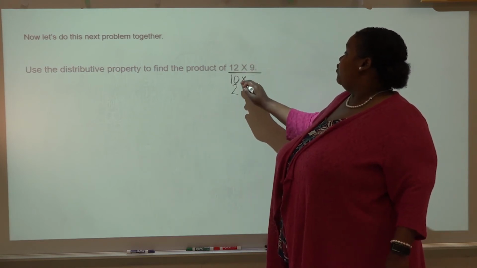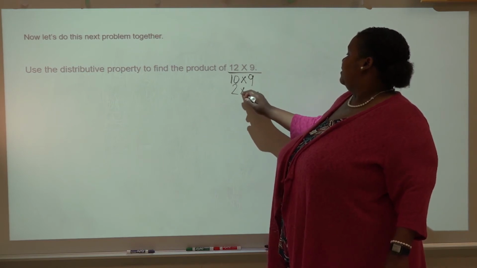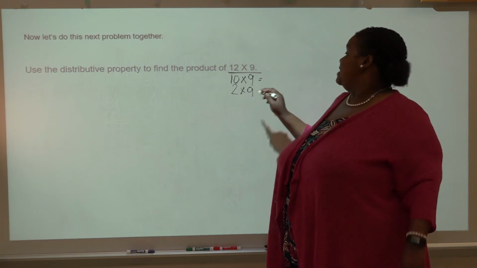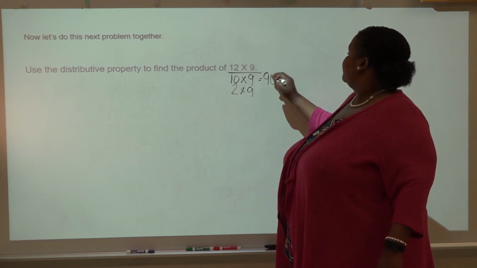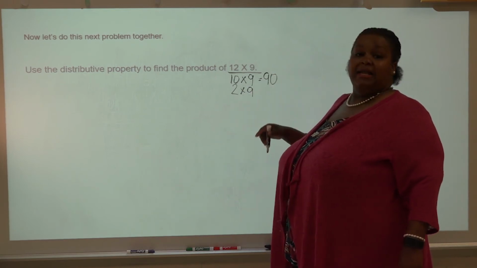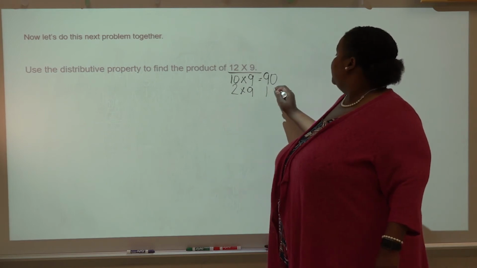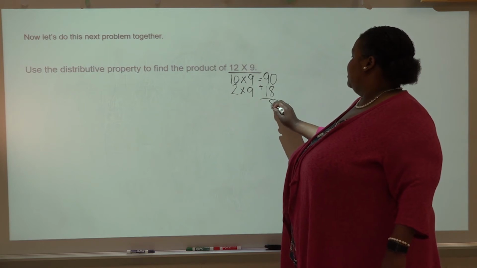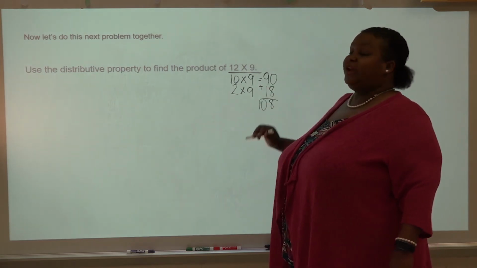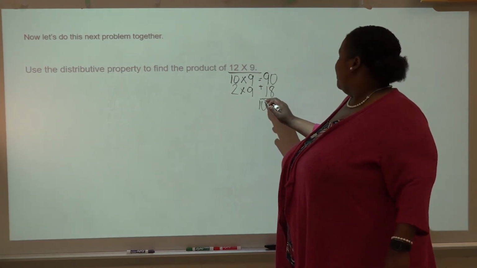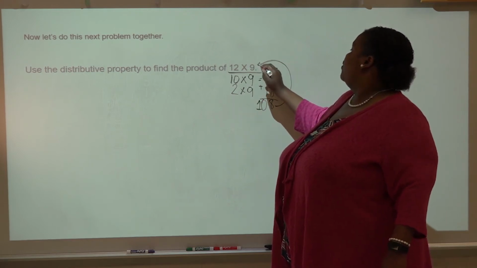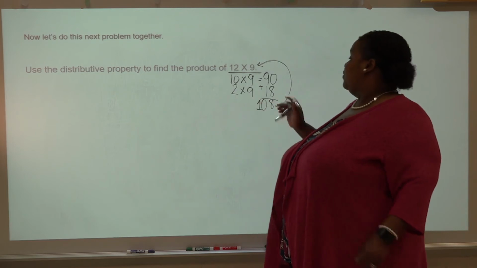Now I'm multiplying both parts by 9. All right. 10 times 9 equals 90. 2 times 9 equals 18. Let's add them back together again. And wow, 108. That would be my product. 12 times 9 equals 108.